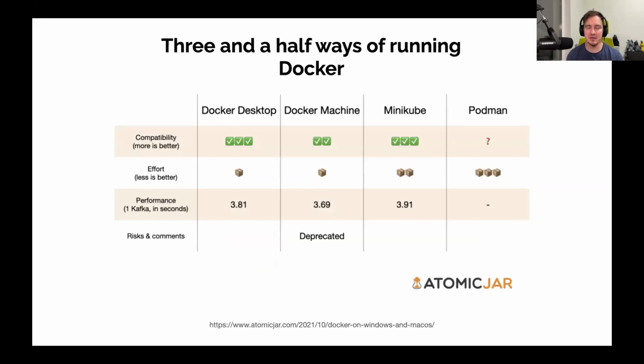It's the reference solution for that with very little effort. But also an interesting thing could be running Minikube, which exposes Docker. There is a little bit more effort. You need to know what you're doing, but it is doable, and you can run the tests for Testcontainers Java itself. So you can run your integration tests with that.